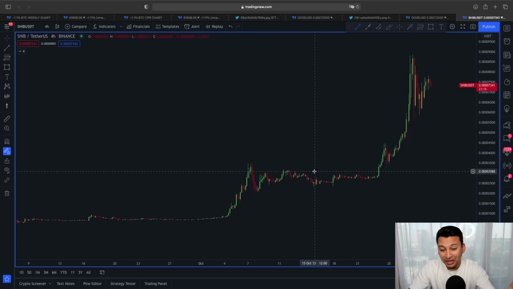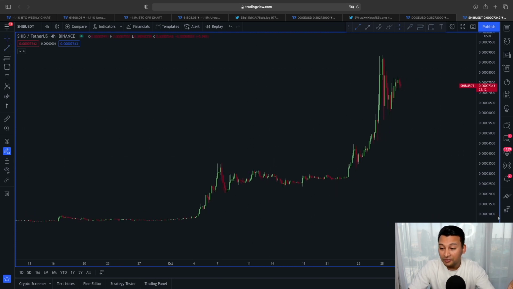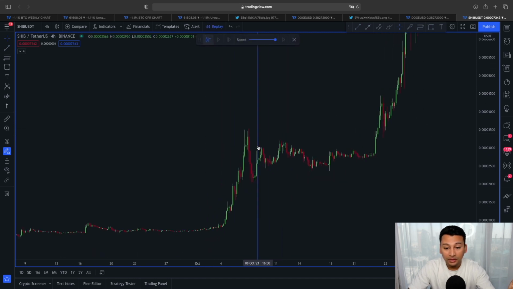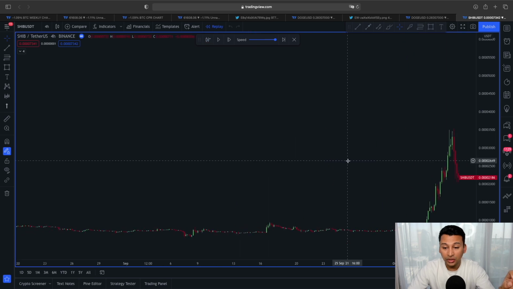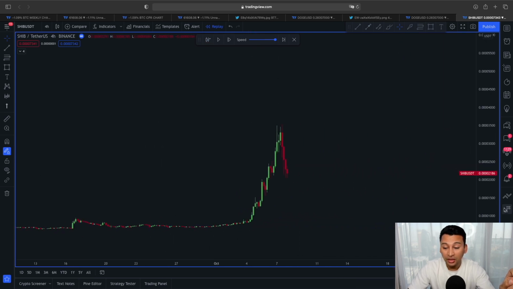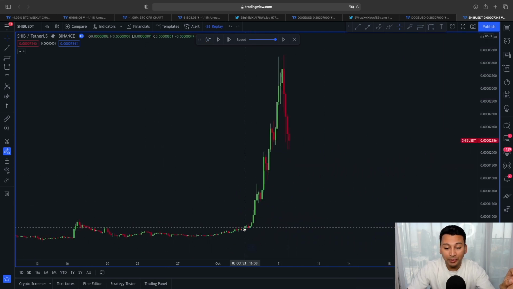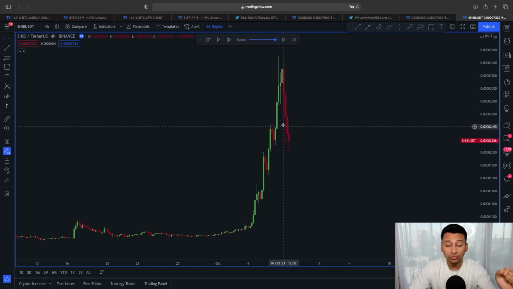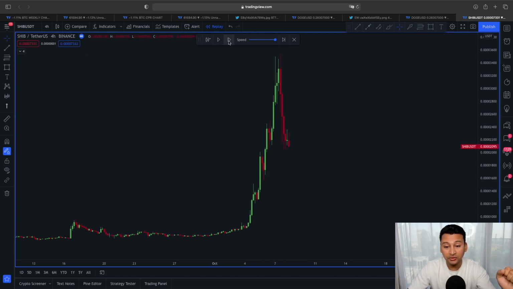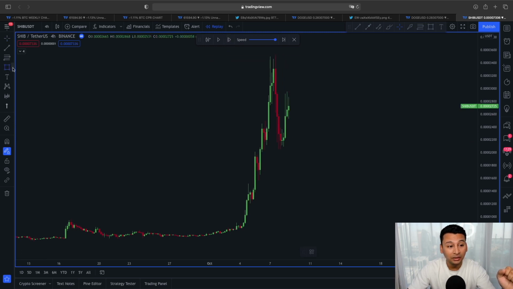If you look at this Shiba Inu price structure, you can see here, guys, before we broke to the upside, first, let me show you a pretty similar scenario that we are also witnessing here with price action. When we had this really parabolic move, you can see a bigger correction followed right after that. But if you follow this price structure, you can see buyers stepped in, right?